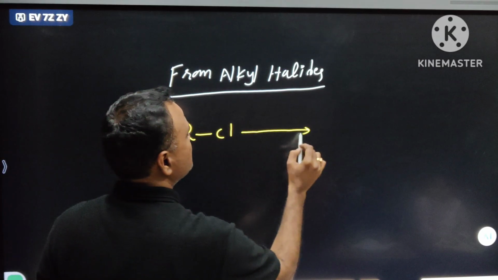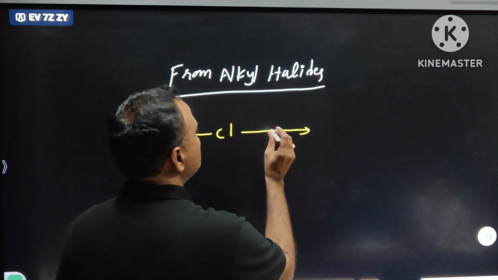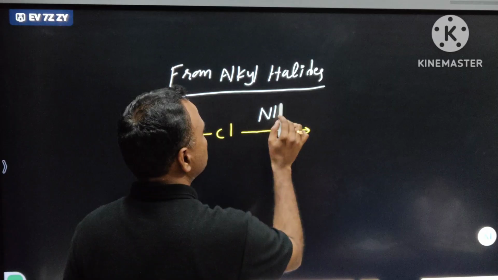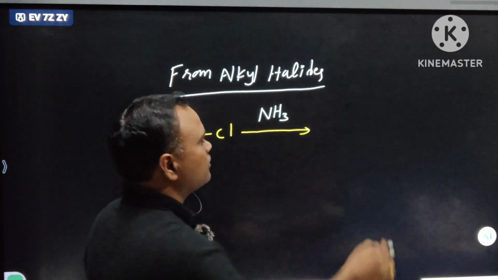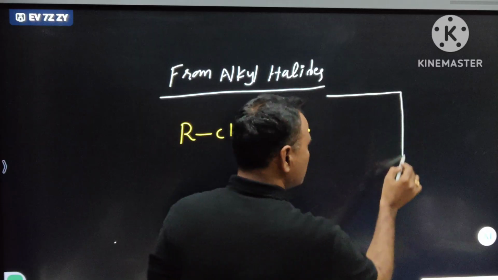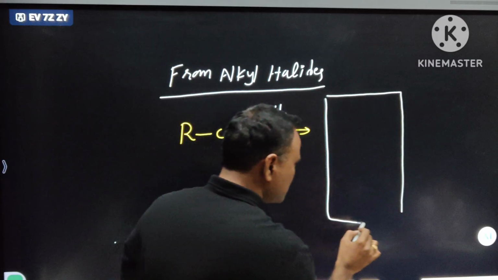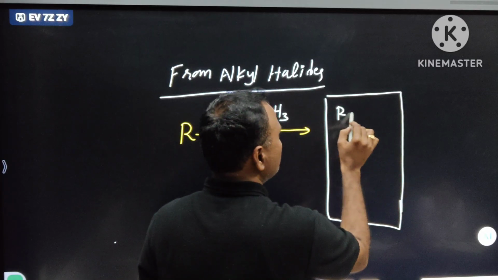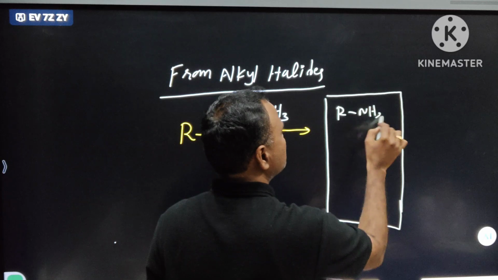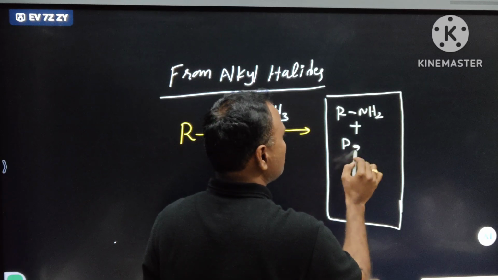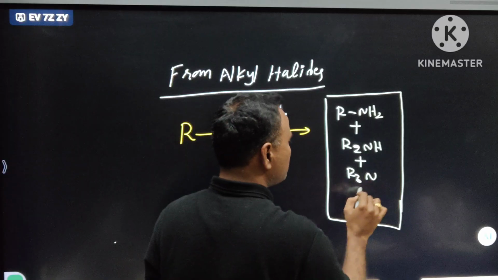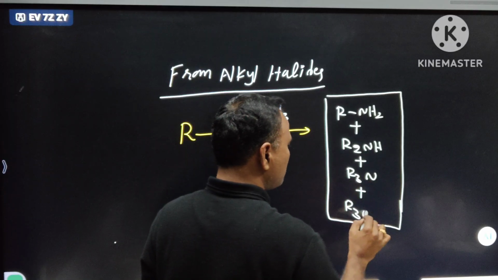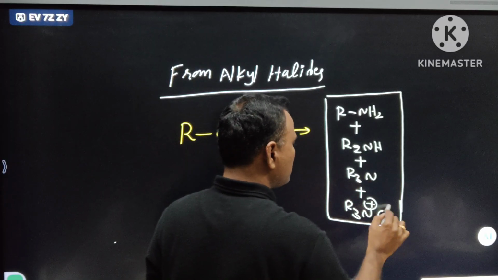Alkyl halide, when treated with ammonia, we will get, guess, primary amine plus secondary amine plus tertiary amine plus quaternary ammonium salts.